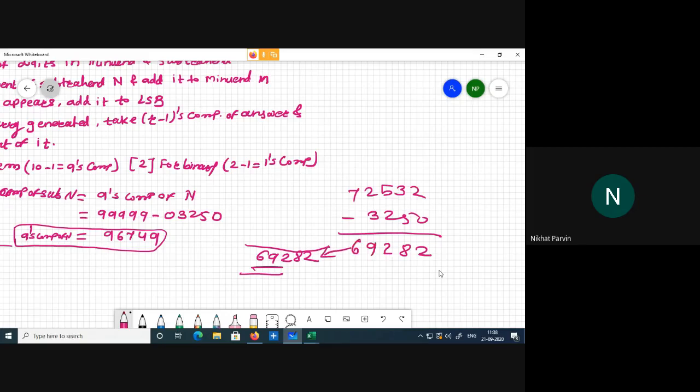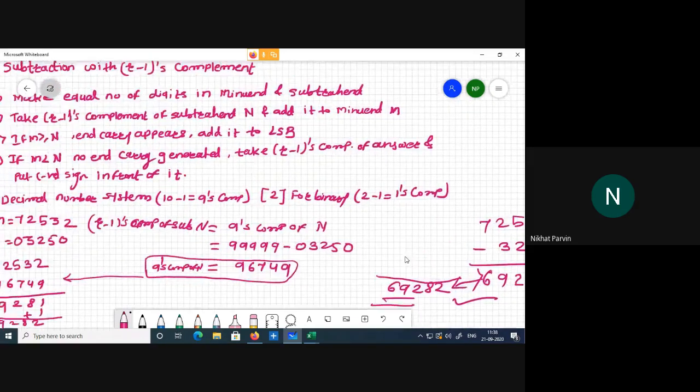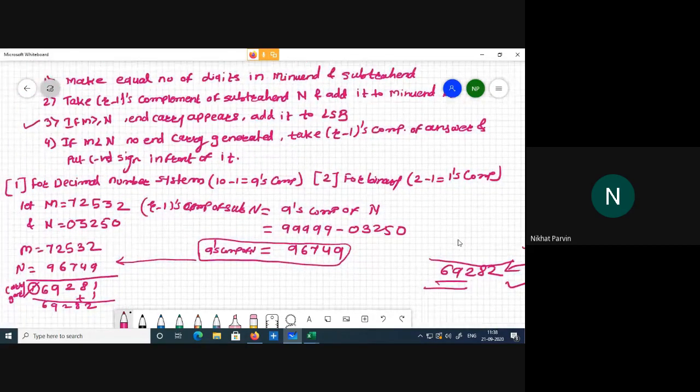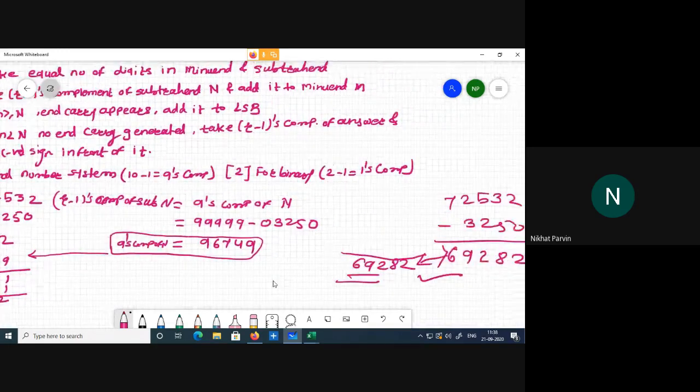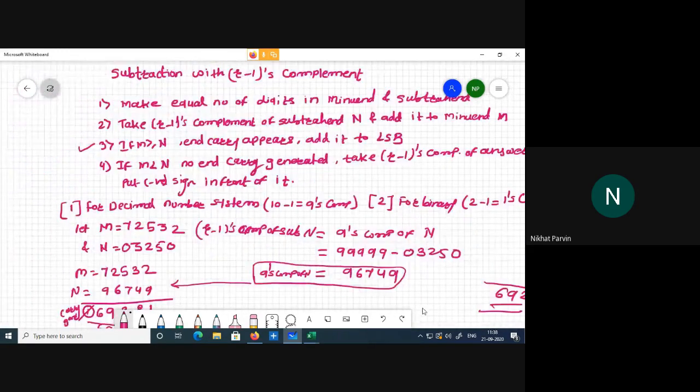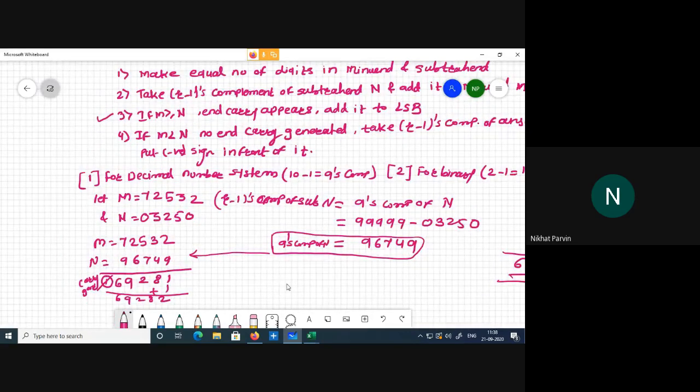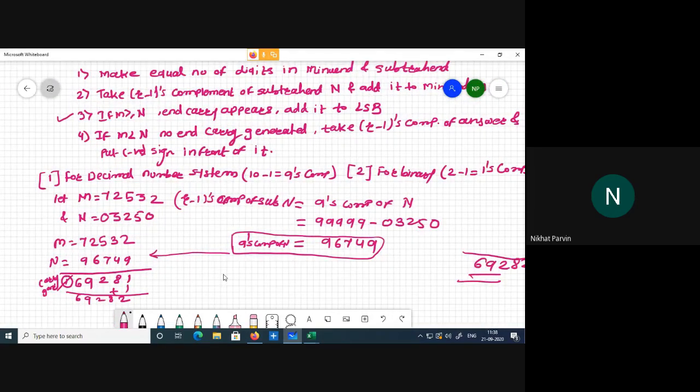This answer and this answer are both the same. That means whatever r minus 1 complement, 9's complement, we performed and did the addition with, we got the same answer. So the method is: we should try to have an equal number of digits in the subtrahend and minuend. Second step, take the r minus 1's complement of the subtrahend and add it to the minuend.